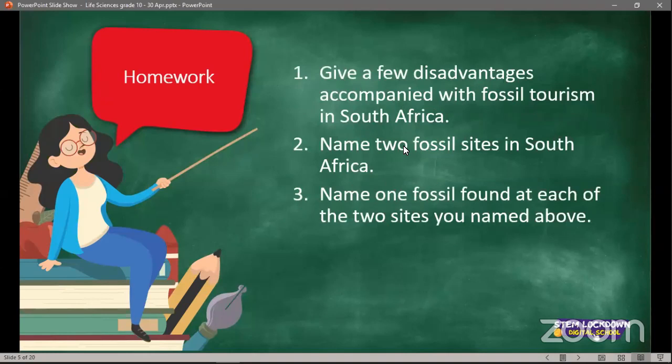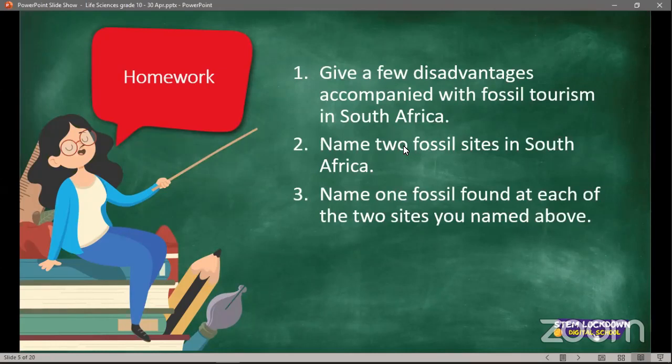Now, for number one, I asked you guys to give a few disadvantages accompanied with fossil tourism in South Africa. My question was quite vague because I said a few and didn't give you the exact number of disadvantages that I want. If you name 2, then it's still fine. That's a few. Or if you have 3 or more than 3, that's still fine.